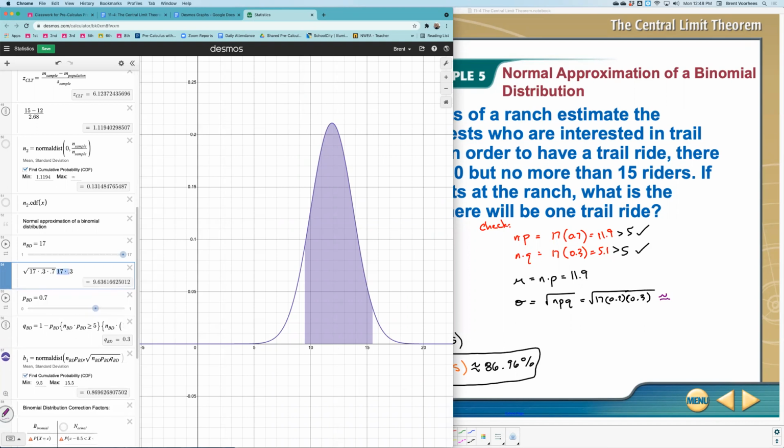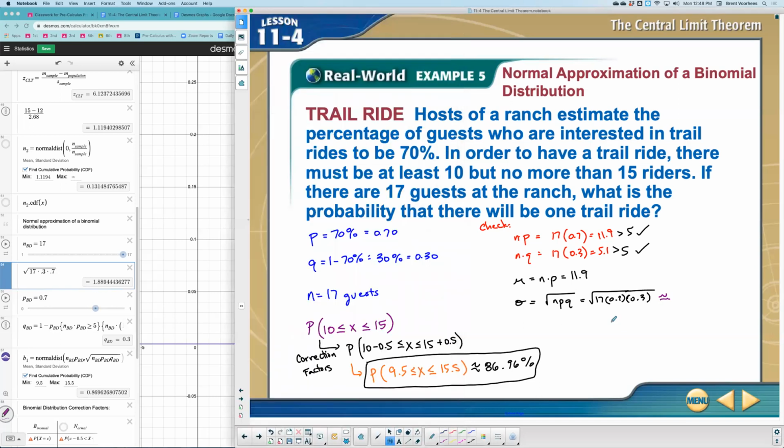The order doesn't matter when you multiply, commutative property there. We get 1.889. That's our standard deviation.